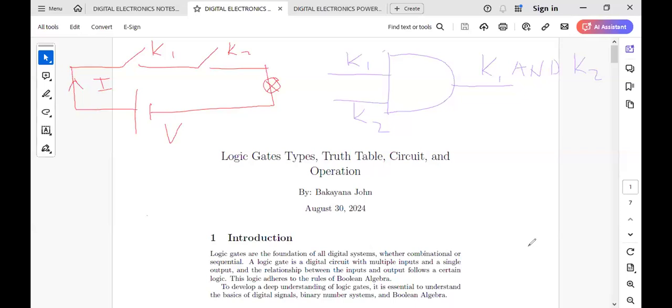Now, let me just give a day to day life application of this AND gate. Say for example, a school has two gates. Just pay attention to this. A school has two gates. Let me say gate 1 and gate 2. And the school is only safe if both gates are closed.